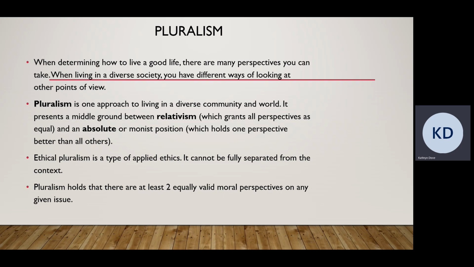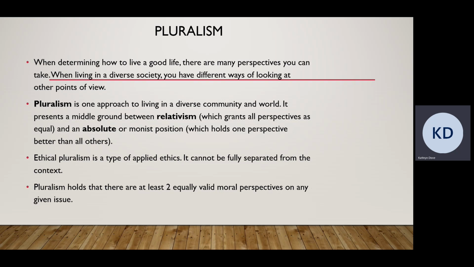When determining how to live a good life, there are many different perspectives you can take. When living in a diverse society, you have different ways of looking at other points of view. Pluralism is one approach to living in a diverse community and world. It presents a middle ground between relativism, which says all perspectives are equal, and absolutism, which holds that only one perspective is morally correct.